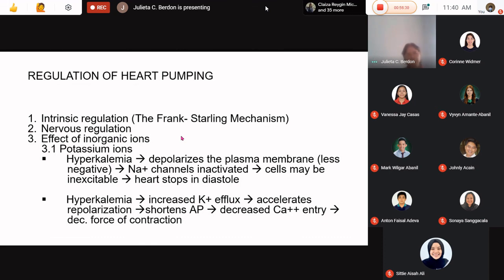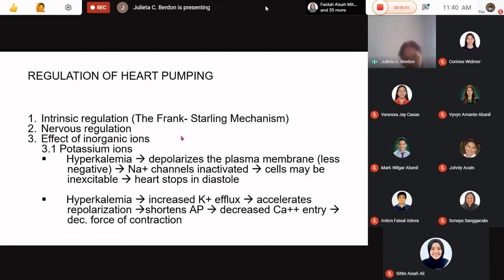What determines the stretching of the heart just before contraction? Within physiological limits, because if it is stretched too much, it becomes abnormal and is no longer the Frank-Starling mechanism. So within physiological limits, the greater the stretching of the cardiac muscles, the greater the force of contraction. Why?